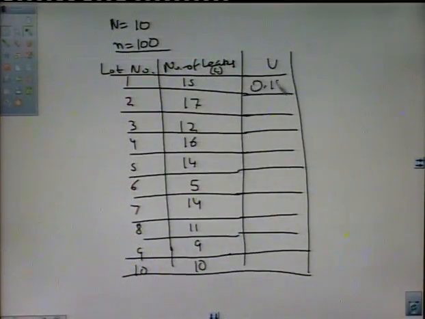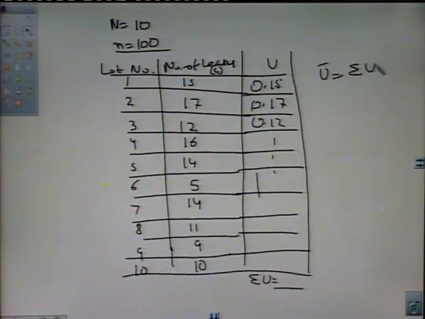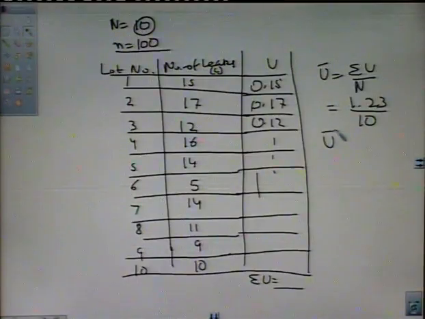It is 0.15, 0.17 likewise. Then we know that we can calculate sigma U by totaling all these values, and U bar will be equal to sigma U divided by N. Sigma U comes out to be 1.23, and we know that number of subgroups is 10, so U bar is equal to 0.123.